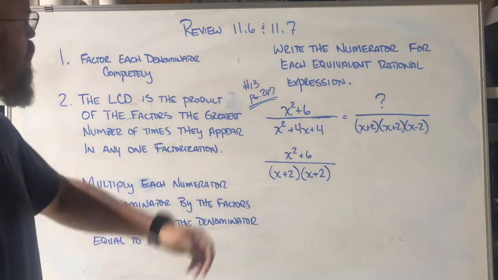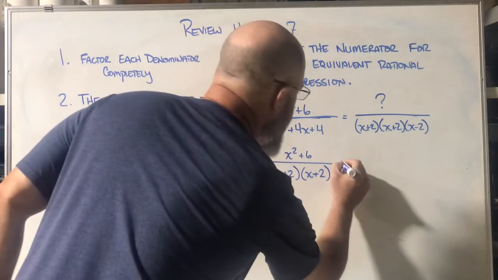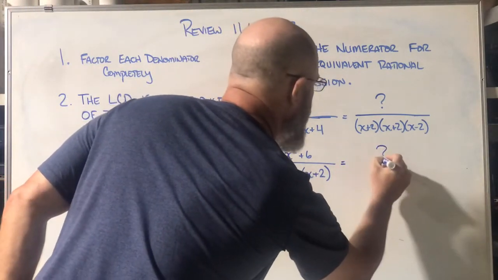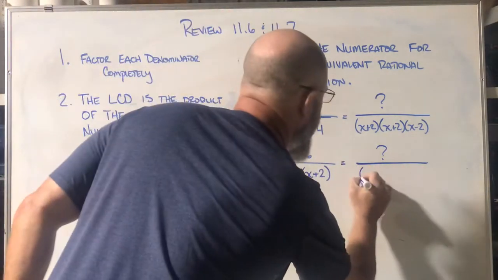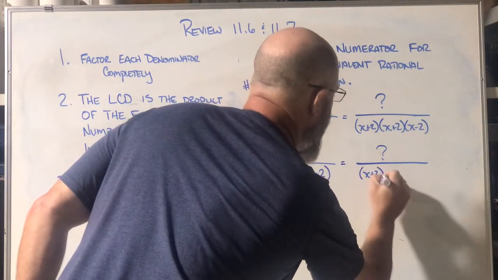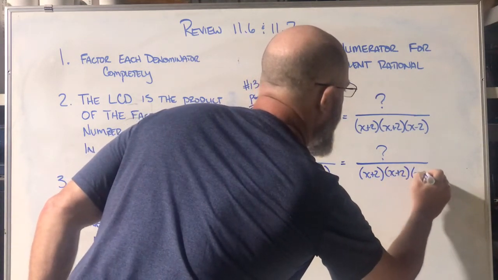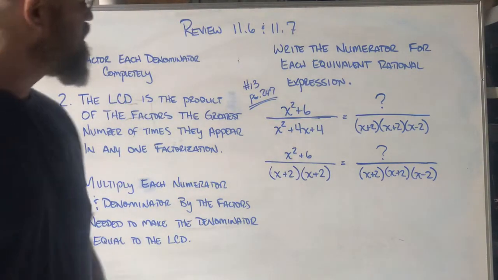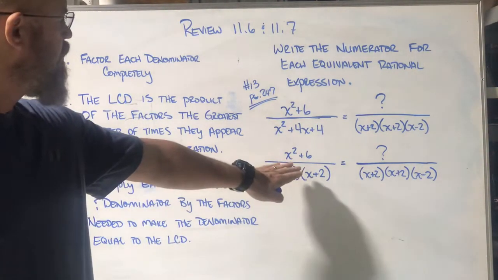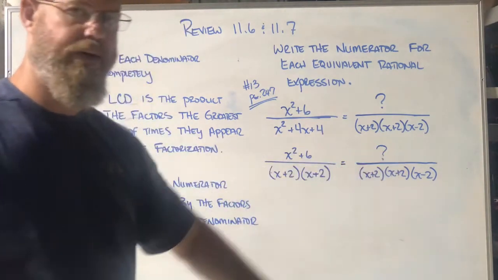So now this rational expression equals some numerator over this denominator. Now we have to find the new numerator.